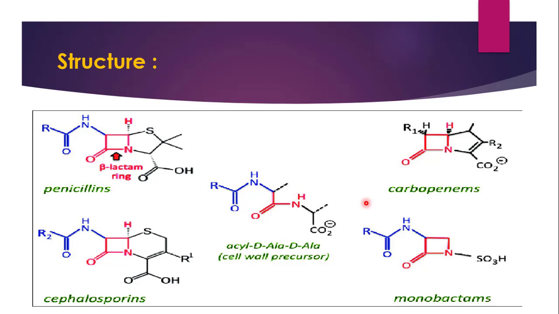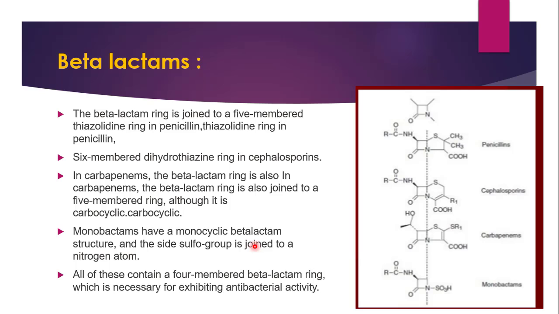If you compare the structures of penicillin, cephalosporins, monobactams and carbapenems, you can see the beta-lactam ring here, here, and here. It remains common in all the beta-lactam antibiotics. Now in this comparison, we discussed earlier that penicillin contains a 5-membered heterocycle and cephalosporin contains a 6-membered heterocycle.